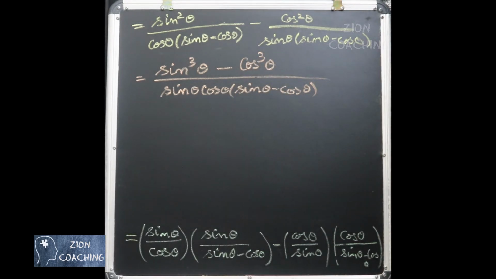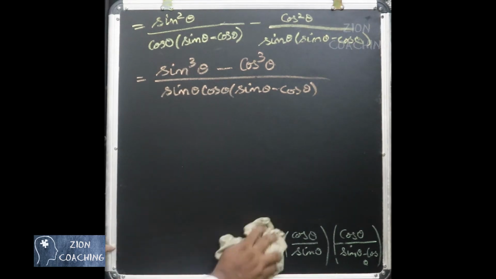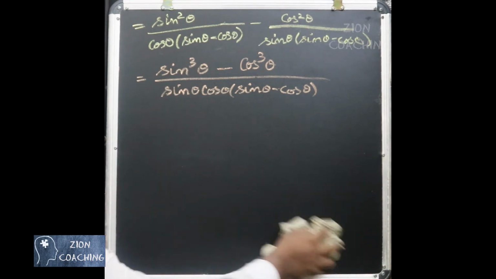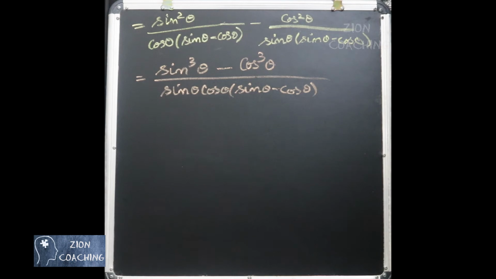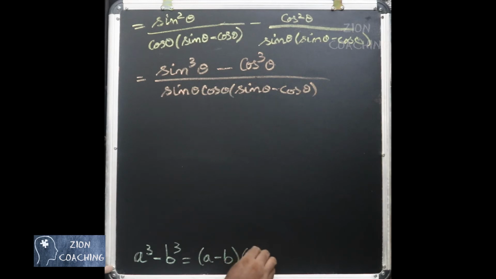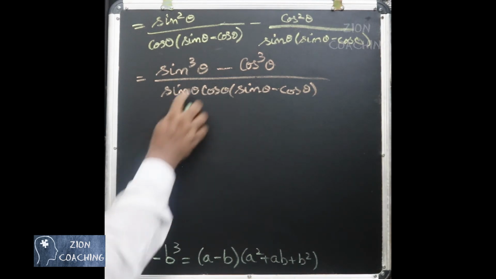Now in the numerator we have something of the form a cube minus b cube. You know that a cube minus b cube is equal to a minus b into a squared plus ab plus b squared. This formula you have learnt in algebraic identities in class 9. We are going to use this formula here.